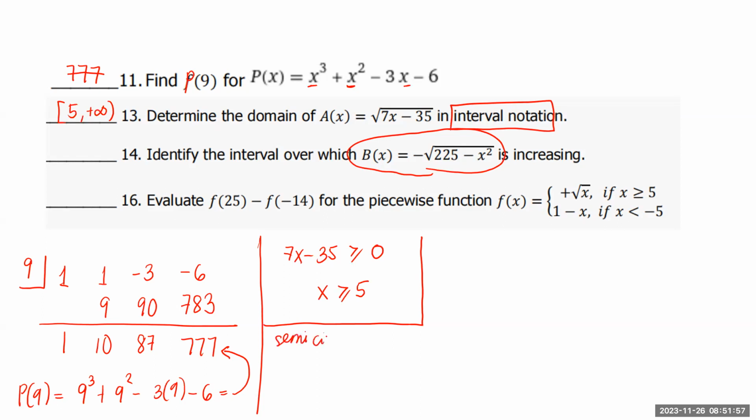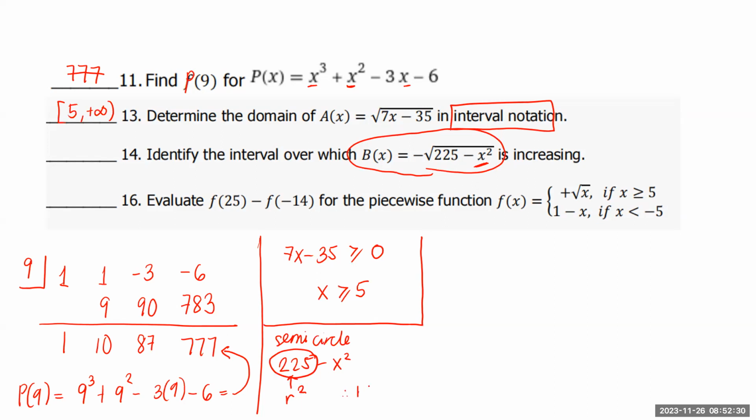So why semicircle? Because you have here an x squared term. We need to find the radius of that semicircle. Inside the square root sign, you have 225 minus x squared. Meaning this number right here represents r squared, or the square of the radius.